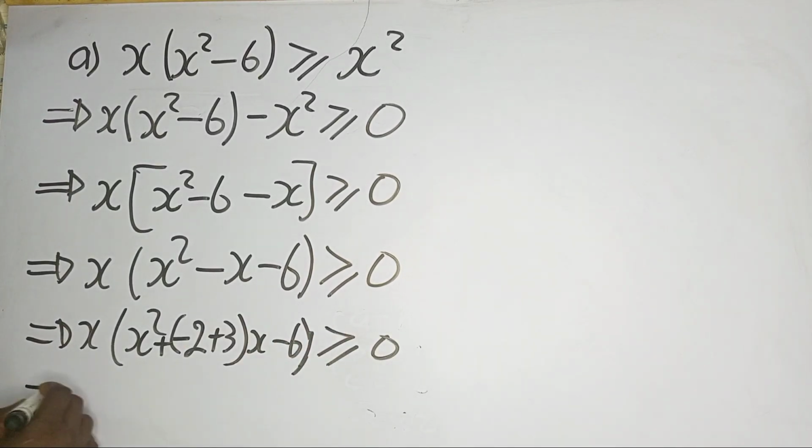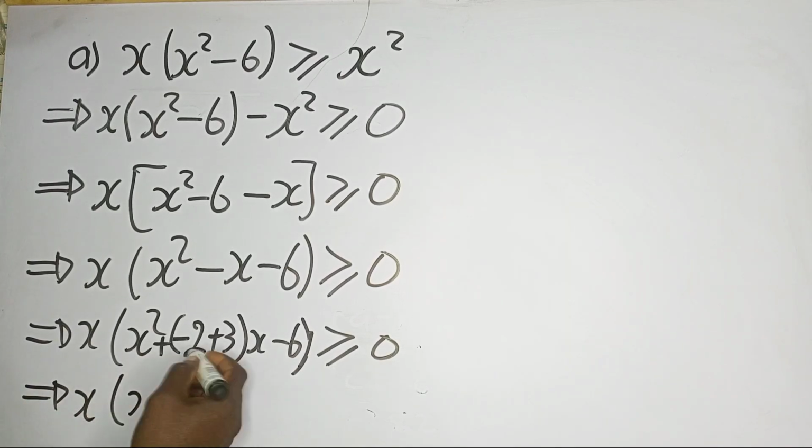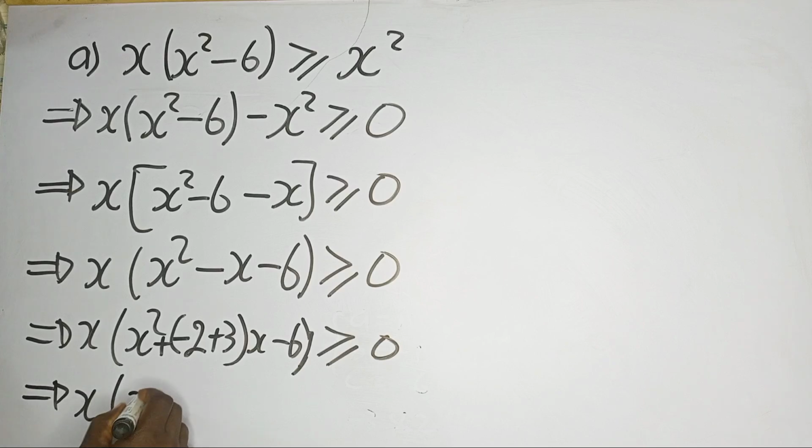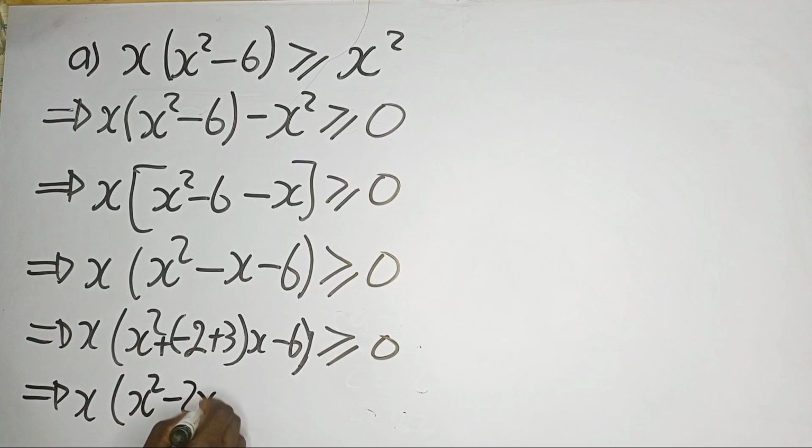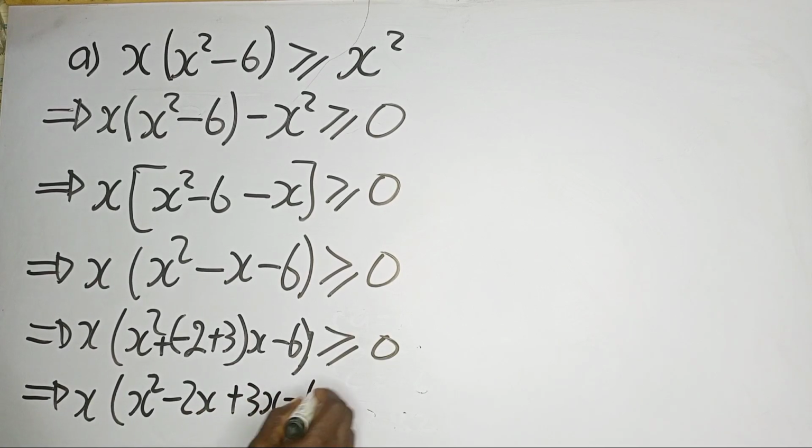Okay, so this gives us x into x², then negative 3 multiplied by x, negative 3x, positive 2 multiplied by x, positive 2x, minus 6, greater than or equal to 0.